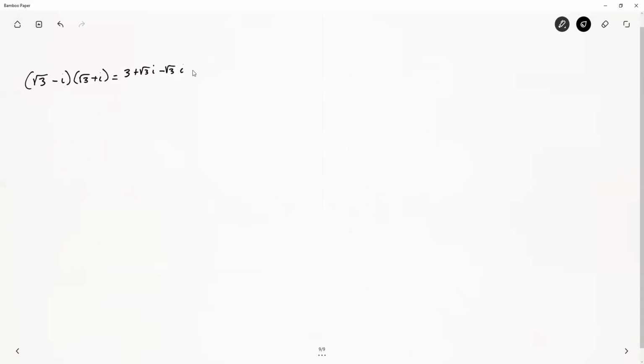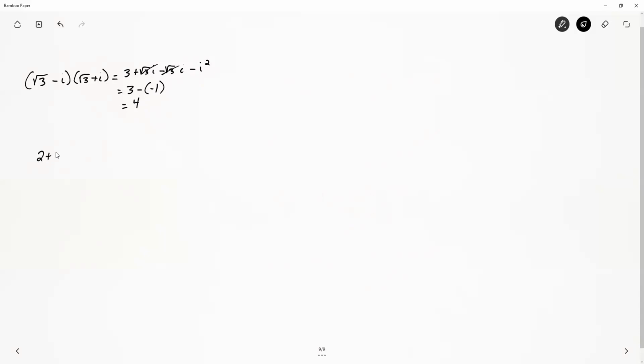And then negative times positive is negative i squared. This term cancels with this term, leaving me 3 minus i squared, where i squared is negative 1. So this is 3 plus 1, which is 4. Sometimes you'll start out with an imaginary number and end up with just a real number.